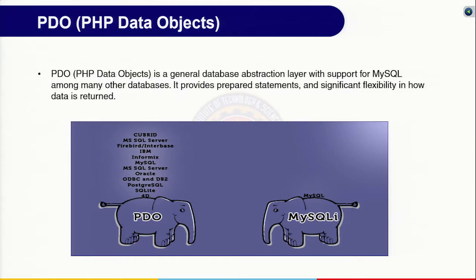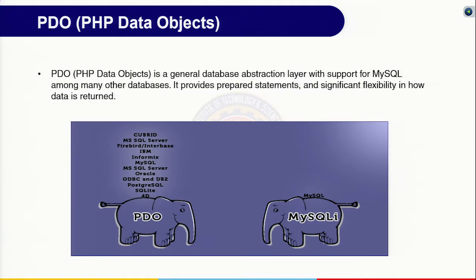Having understood the MySQLi API in connecting PHP to the MySQL database, we will look at what a PHP Data Object is. PHP Data Object is a general database abstraction layer with support for MySQL along with other databases.